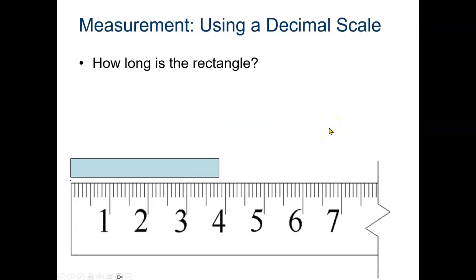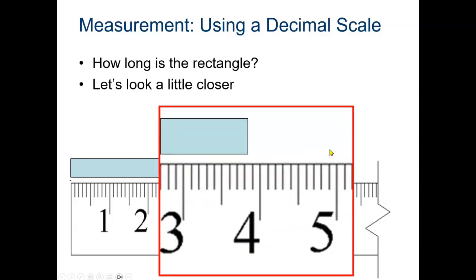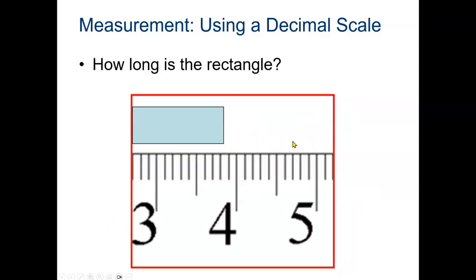So let's look at this rectangle against a metric scale. How long is the rectangle? So this blue rectangle, go ahead and pause the video and count out to right at this marking right here. Okay, we're going to go ahead and zoom in a little closer so that you can see it. And look, it's a little bit past that marking.